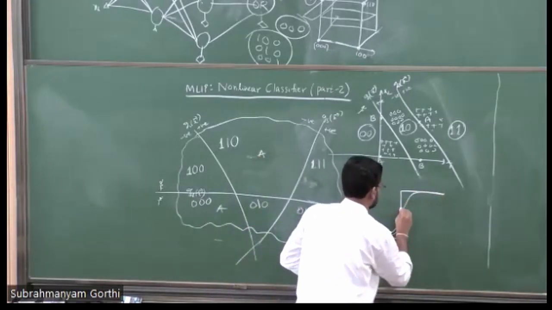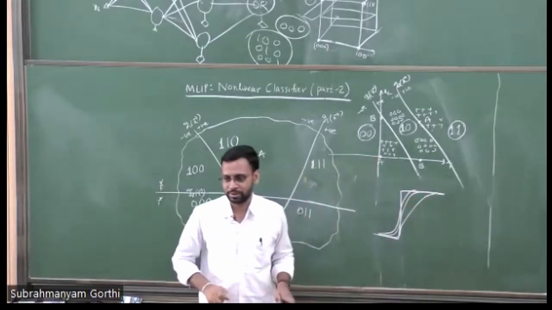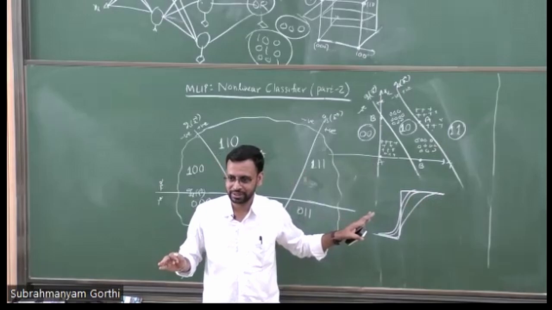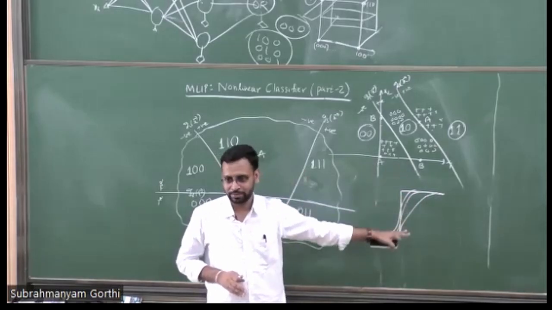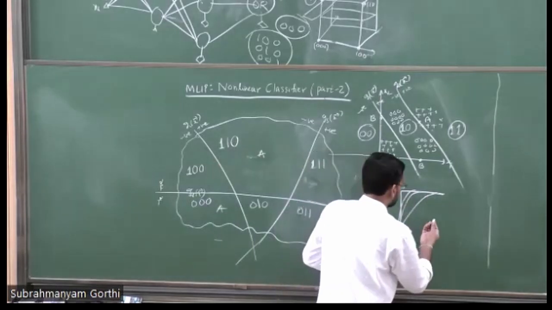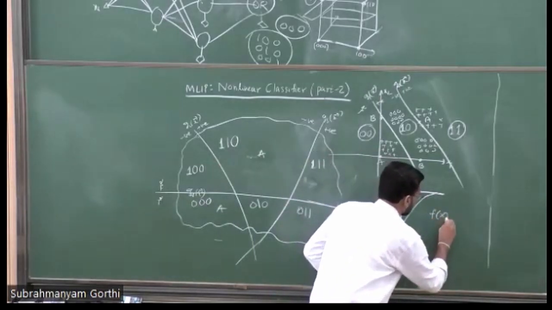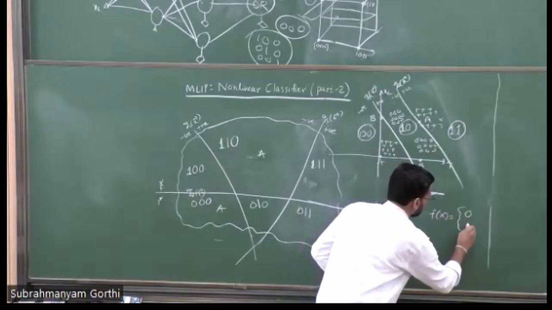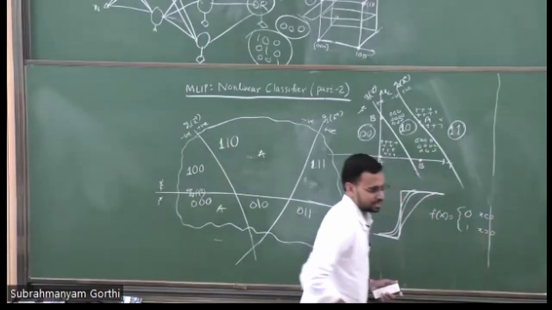It depends on to what extent you want to smooth that out. So first thing you do is, he is the radical guy, you tone him down. Earlier, let us call that function f of x. Earlier it is 0 for x less than 0 and 1 for x greater than 0.